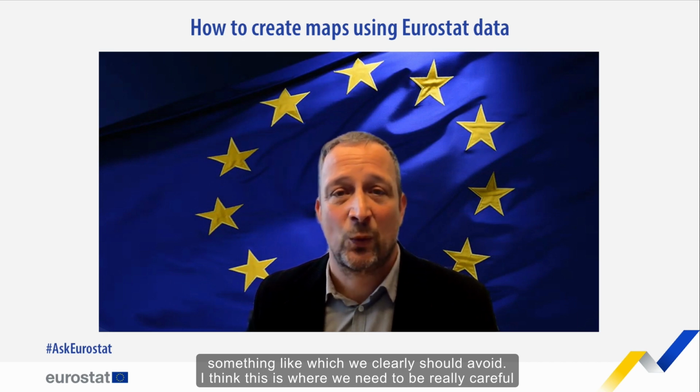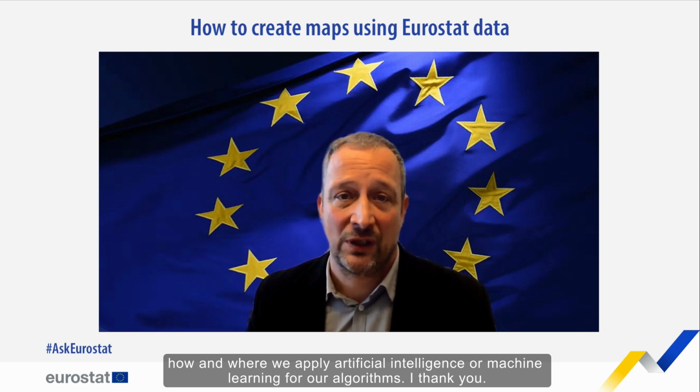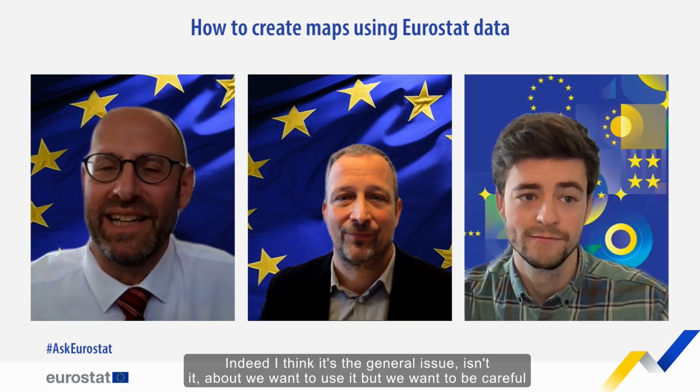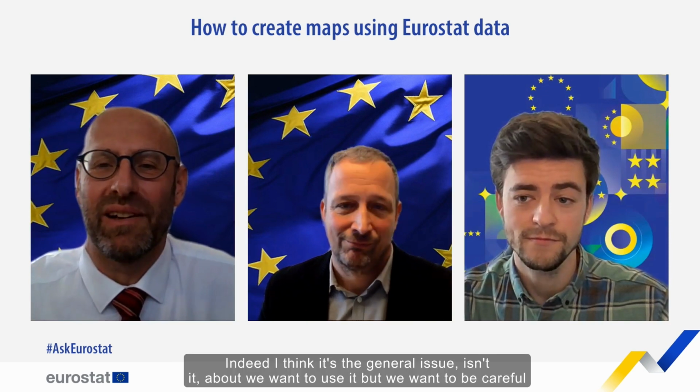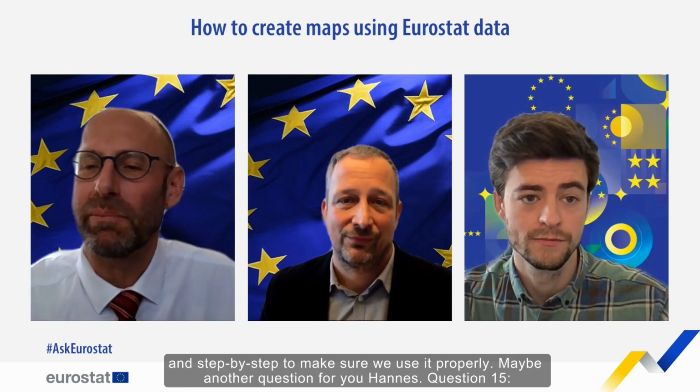And I think this is where we need to be really careful how and where we apply artificial intelligence or machine learning for our algorithms. Thank you, Hannes. Indeed, I think this is a general issue: we want to use it, but we want to be careful and step by step to make sure we use it properly.